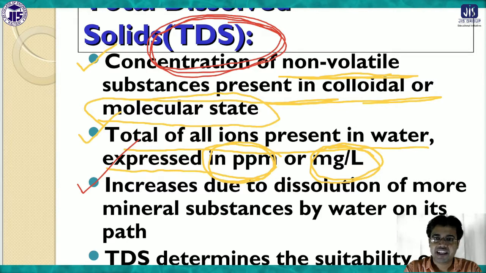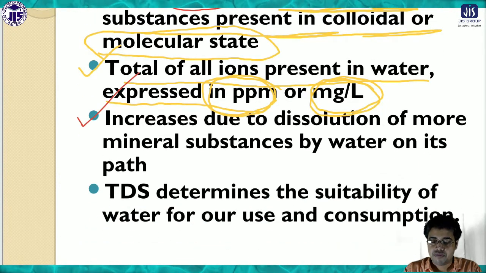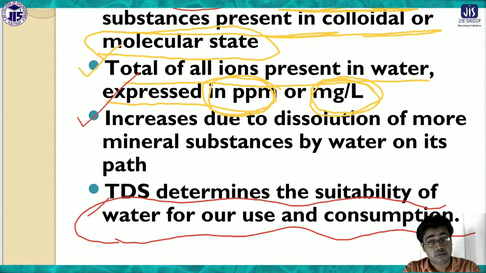So the TDS value will be higher in that case. TDS determines the suitability of water for consumption. From the TDS value we can understand how suitable the water is for our consumption.